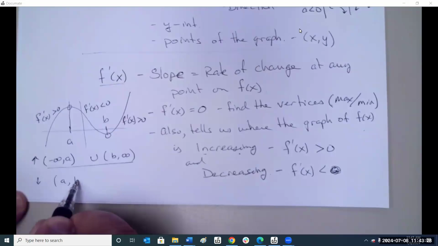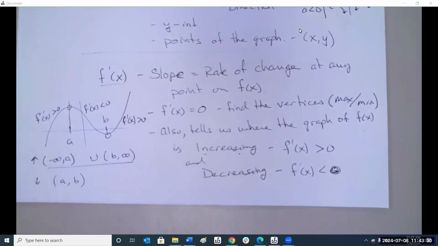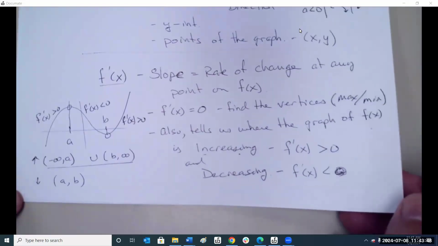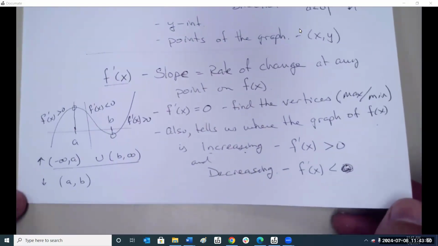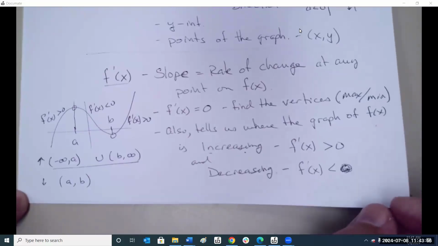And in this case, it's decreasing in those intervals. We look only at the points of the domain where it's increasing or decreasing, and we cannot use the endpoint, so it's always a parenthesis. So that's what we're doing so far.